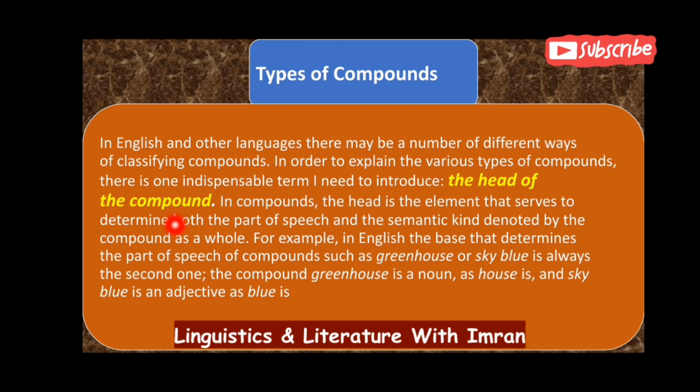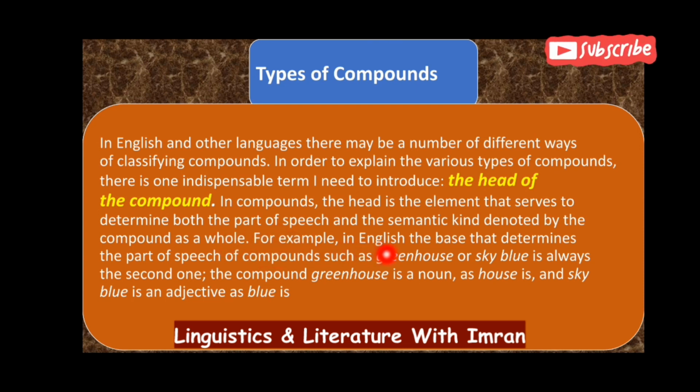So you may think, what does it mean to say sky blue? If you want to take the meaning of sky blue, that would be the semantic meaning, right? Or we can say that it determines the semantic aspect of this word. And when we ask which part of speech this word is as a whole, we are talking about its part of speech.